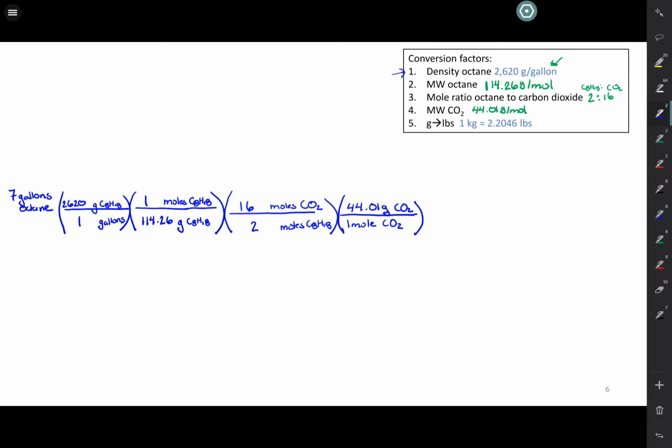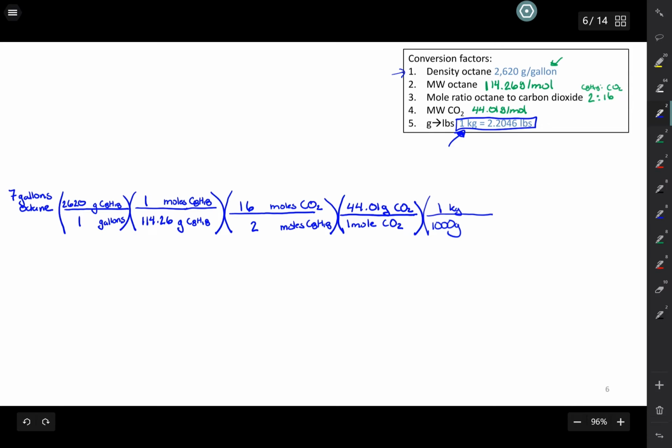And I am now in grams. My conversion factor is in kilograms. I could do this one of two ways. I can convert grams to kilograms here in my dimensional analysis, or I could do a second setup here where I convert pounds into grams. I'm just going to do the former, where I just add in one more step because I know that I have 1,000 grams in 1 kilogram.